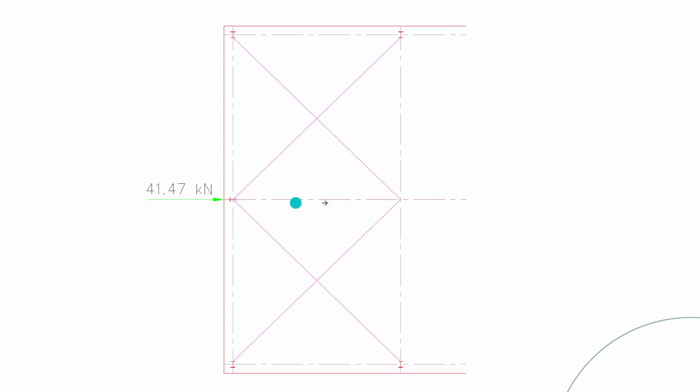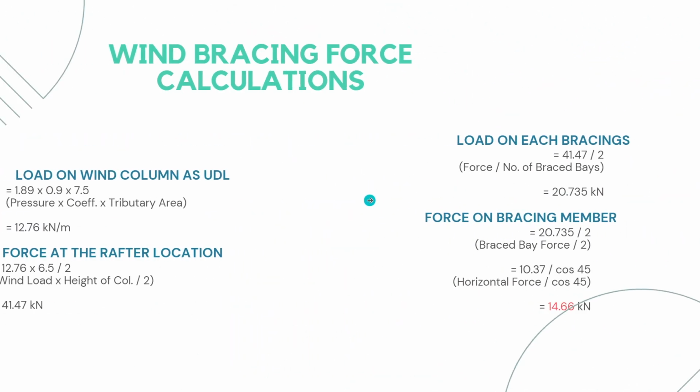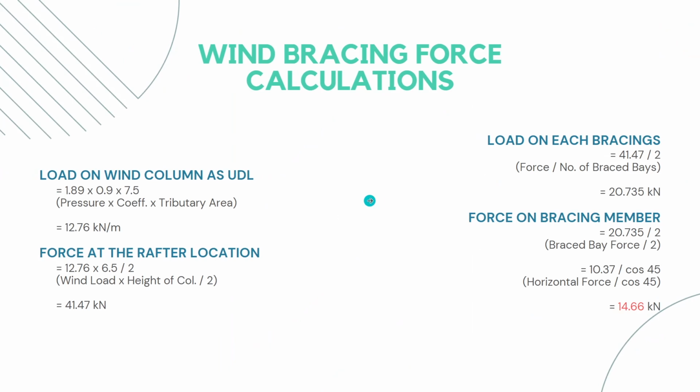So, this 41.47 kN passes through the strut member, and as it reaches the next rafter, the bracing gets into action. Since there are 2 brace bays, each bracing system will take an equal amount of force. That is, each brace bay will take 20.735 kN, the total force divided by the number of brace bays.